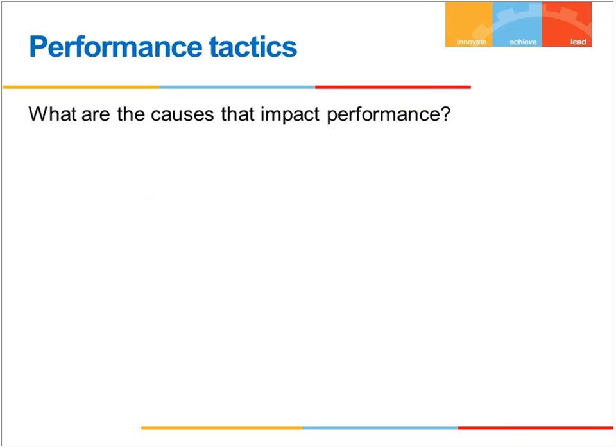Performance tactics. Now coming to the ways in which we can improve performance. First, let us look at the reasons why performance can be impacted. Can you state some important reasons why performance may be affected?